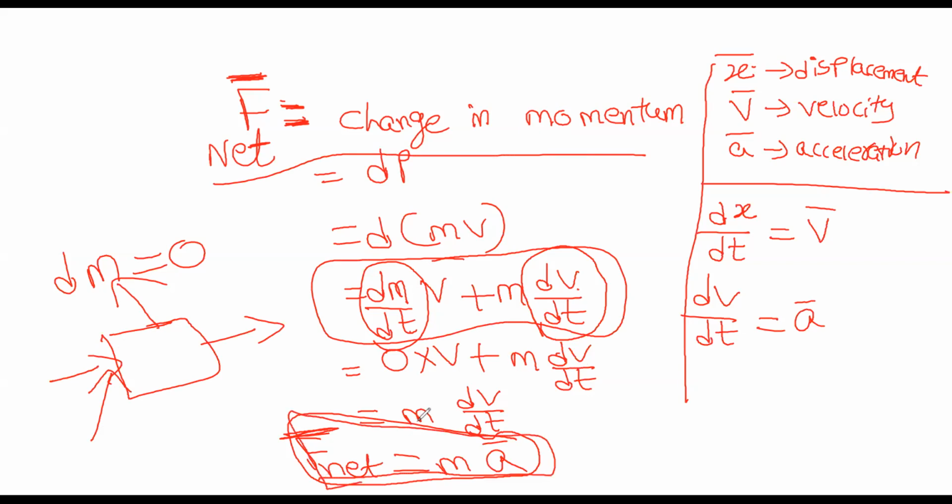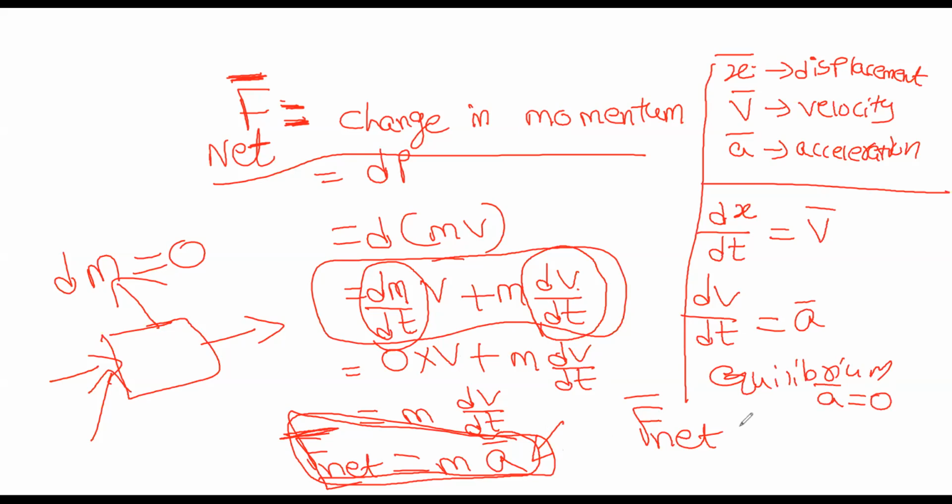Here, just now it is in equilibrium position, right? Equilibrium position means acceleration 0. That's it. The actual meaning of equilibrium means acceleration 0.